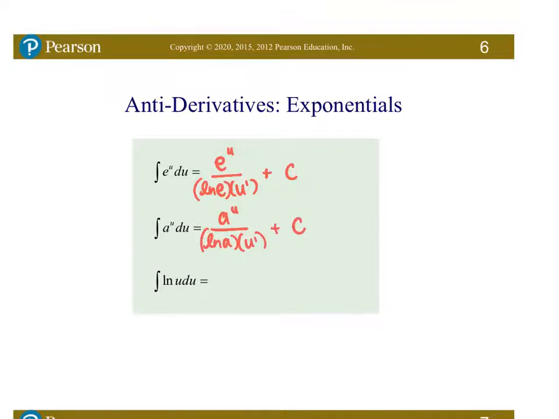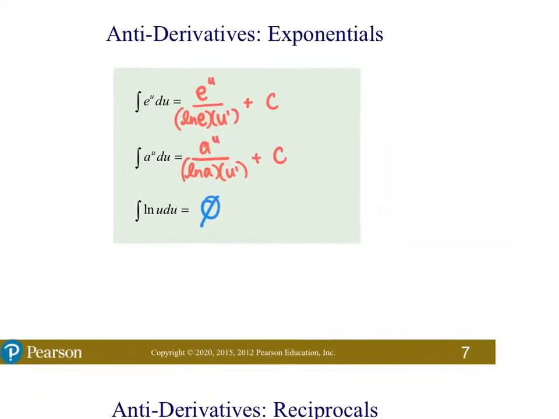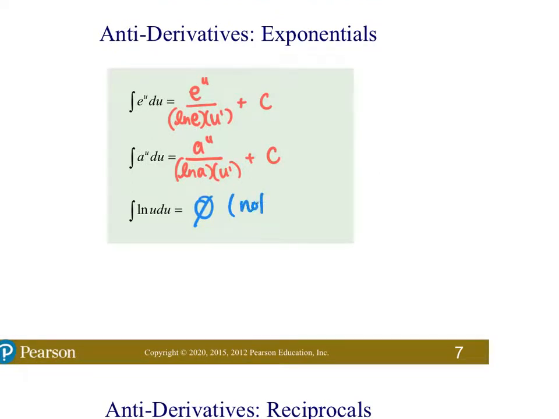The natural log of u does not have a memorizable antiderivative. It does not have a distinct antiderivative. We need a different technique to deal with the natural log of u, which we'll cover at the end of Chapter 6, but it is not a defined antiderivative. So we'll just put maybe not yet.